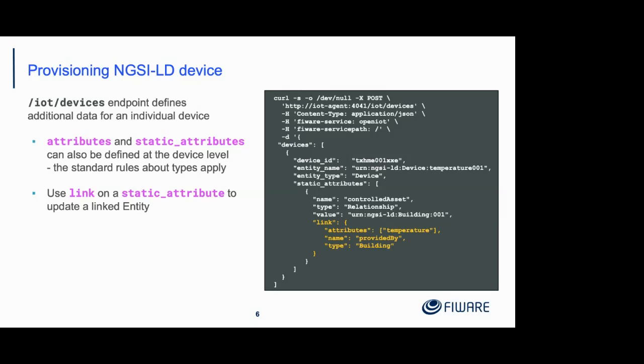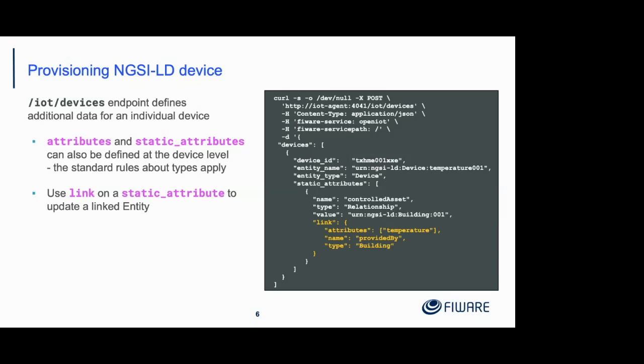One thing which you can add in to static attributes is a link element. The link element is saying for the controlled asset, for this relationship, any active attributes which change should also have a providedBy on that particular element.